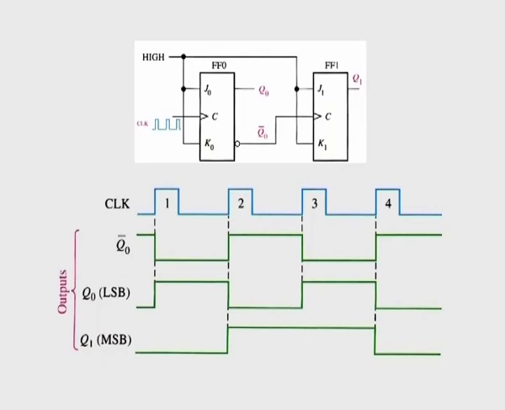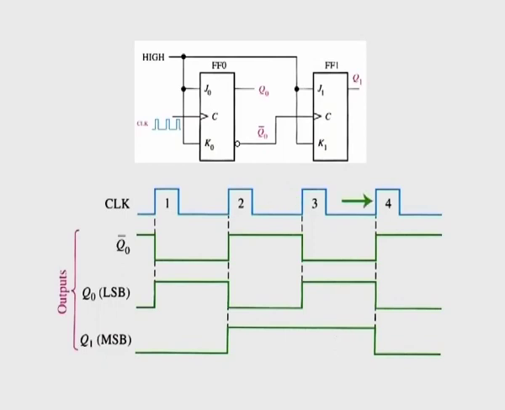The positive going edge of clock 3 causes Q0 to go high again. Output Q0 bar goes low and has no effect on flip-flop 1. Thus, after the leading edge of clock 3, Q0 is equal to 1 and Q1 is equal to 1.